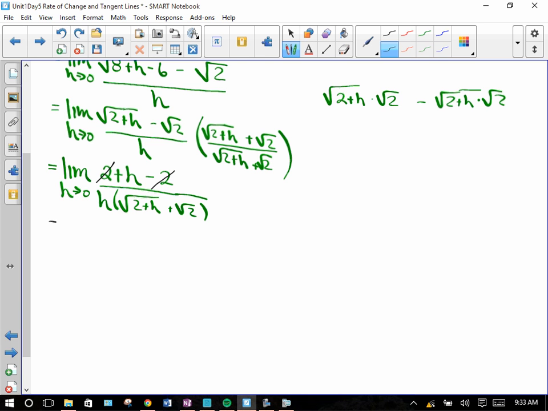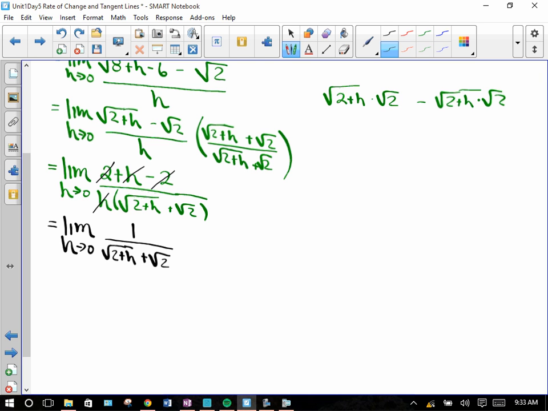So I'm now left with the limit as h approaches 0. This h is going to cancel out with this h. Alright, so as h approaches 0, on top, everything cancels out, so I'm left with 1. And then I have square root of 2 plus h plus square root of 2.